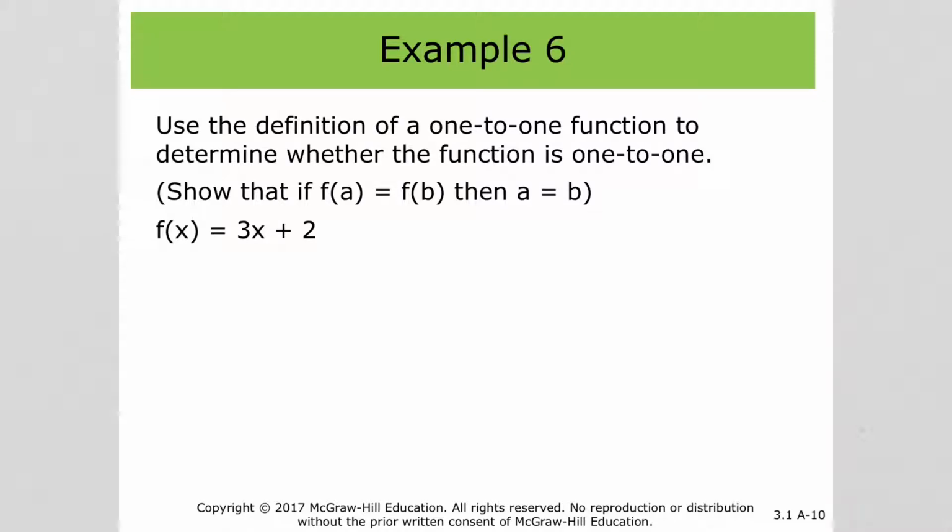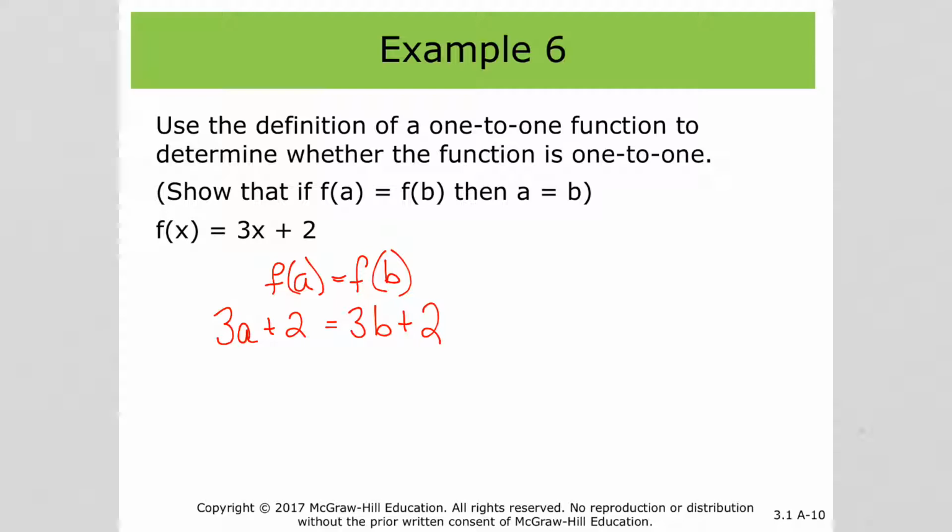For example 6, a little bit different. Use the definition of one-to-one to determine whether this function is one-to-one. So basically, we're showing that if f of a is equal to f of b, then a equals b. What does that mean? Well, we plug in a for x and b for x. So we'll do 3a plus 2 and 3b plus 2.